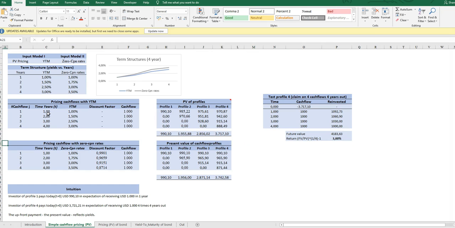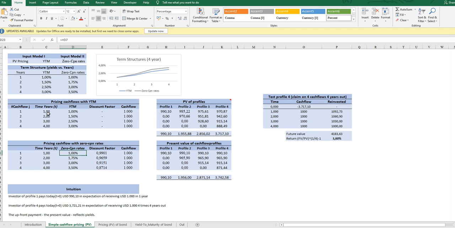The present value using the coupon rates is the theoretically correct way of doing it, because you get exactly what is the required return on each maturity. So you don't have to rely on any reinvestment, any flat reinvestment assumptions.